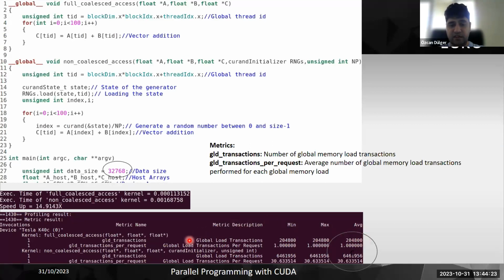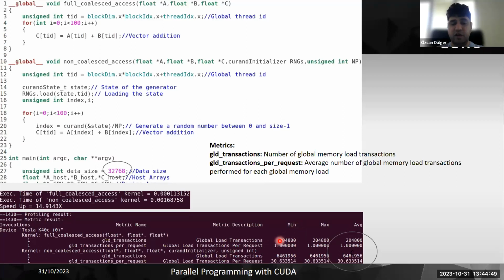And the second one is the average of the global load transactions, which is 1 as we expected, because all of the global load operations in all of the warps and in all of the threads take exactly 1. So the average is exactly equal to 1 in full coalesced access.